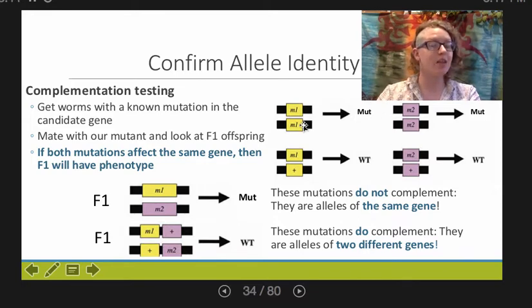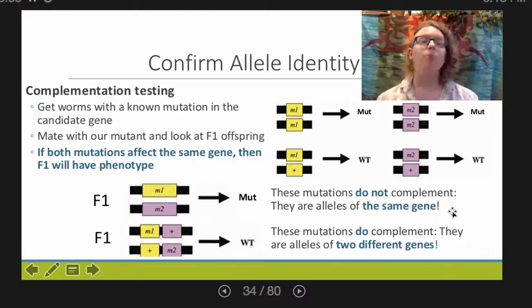So if you mate them together, those wild type alleles are going to complement the mutant versions, so that together there's a complementary set of wild type alleles resulting in a wild type phenotype, because this worm is heterozygous for both alleles. So if they do complement, that means there are 2 different genes. But if they don't complement, you're going to see that mutant phenotype, and that means that it's the same gene.